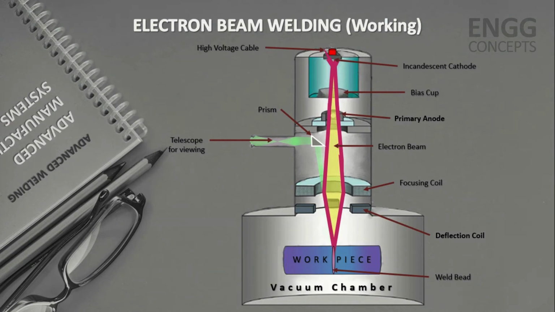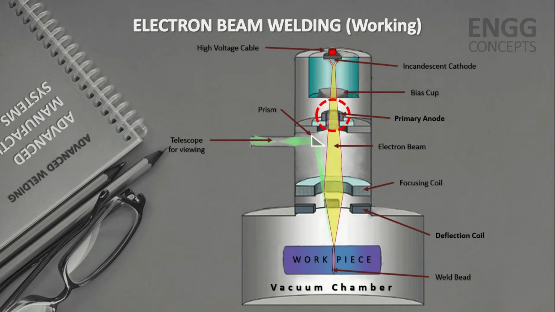The anode accelerates the electrons and forms an electron jet, which is further moved towards the magnetic lenses. These magnetic lenses absorb low energy electrons and do not allow the diverged electrons to pass through. Thus, it provides a high intensity jet of electrons.